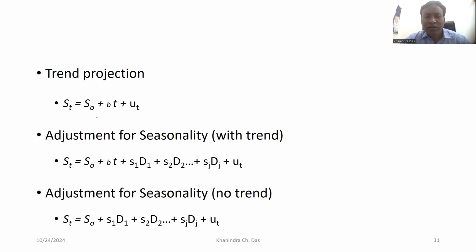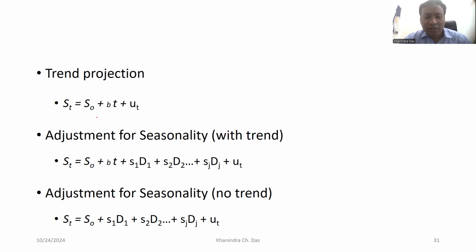So if you have to ignore the properties of the series and want to fit a trend and project, it can be done, but whether the forecast will be accurate or not will have to be questioned. So for comparison, we'll do trend projection first, and then we'll do projection with seasonal adjustment.